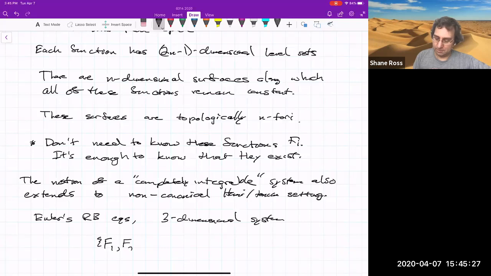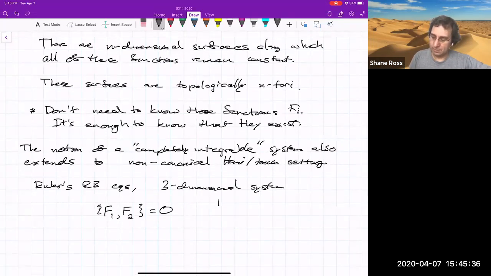And they were in involution, which there you would only have to do one calculation to show that. F1, let's say, was total energy, and F2 was the total angular momentum magnitude.